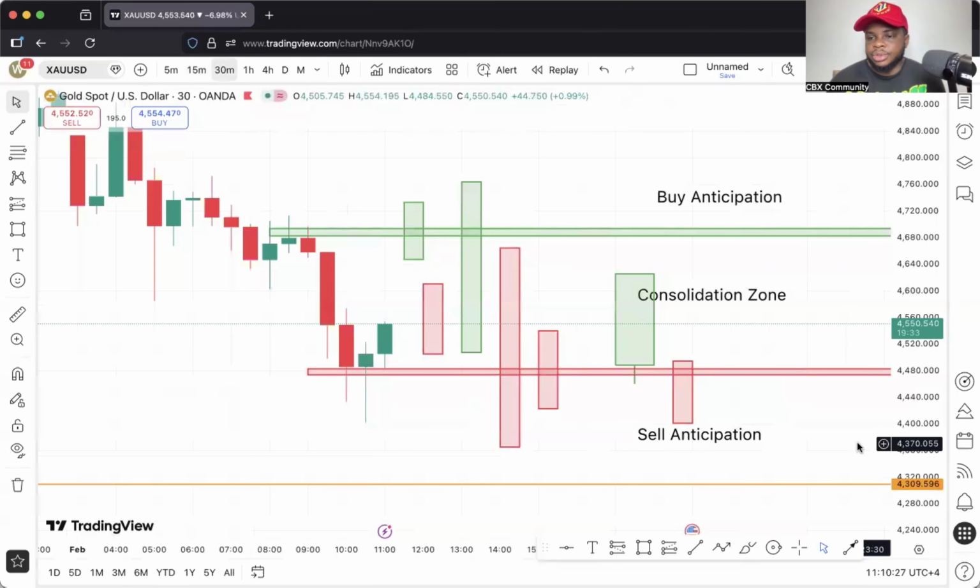Let's see what the market structure wants to do. Let's see what this candle wants to do.